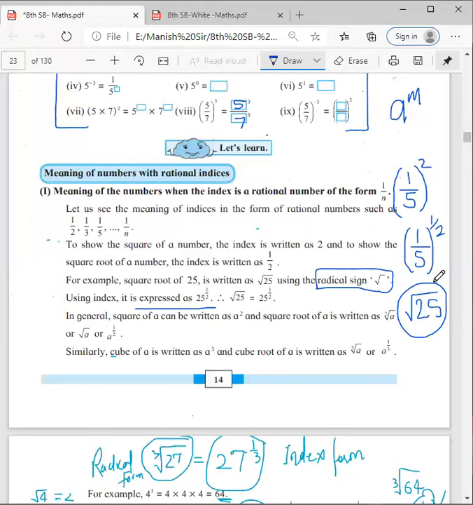Whenever we want to write in radical form, I can write in this way. But if we want to express it in the form of an index, we write 25 raised to 1 upon 2. At the place of index, we will write 1 upon 2. I hope this one is clear to you all.